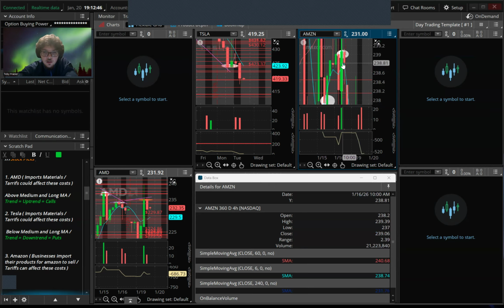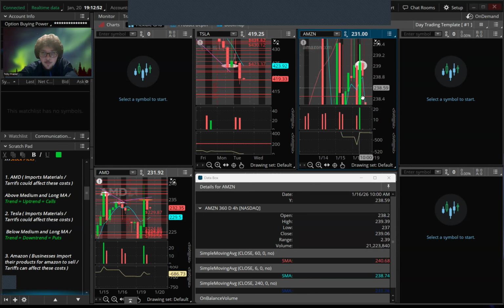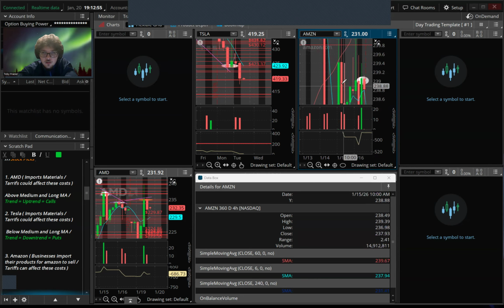Open at 5 cents. So it's a swing high, at the swing low. Close here at 41, open at 42.